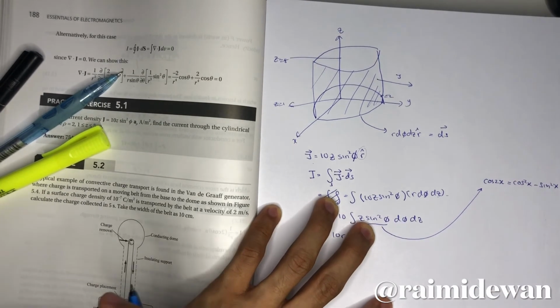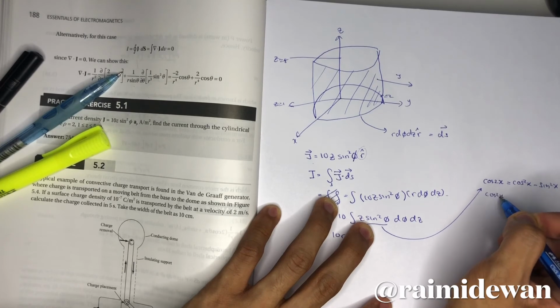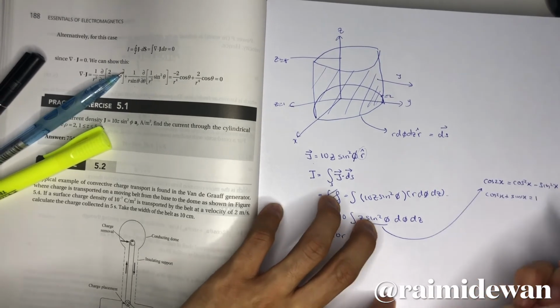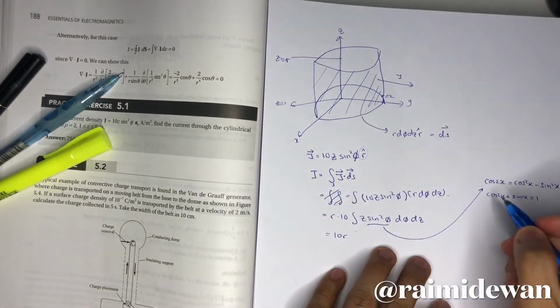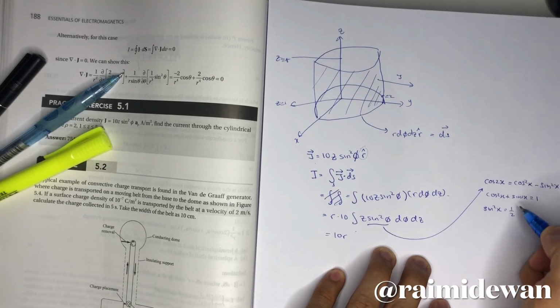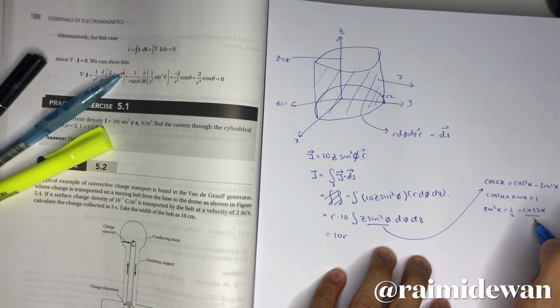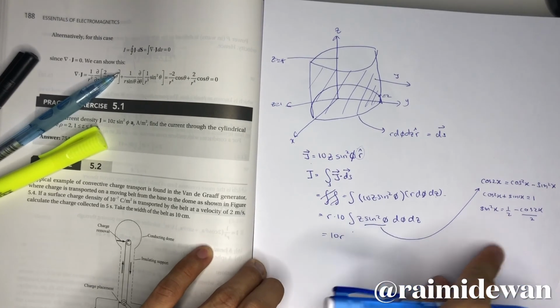Then you also know that cos squared x plus sin squared x is equal to 1. So you do some substitution and you will obtain sin squared x equals half minus cos 2x over 2. I just use it directly and put it inside.